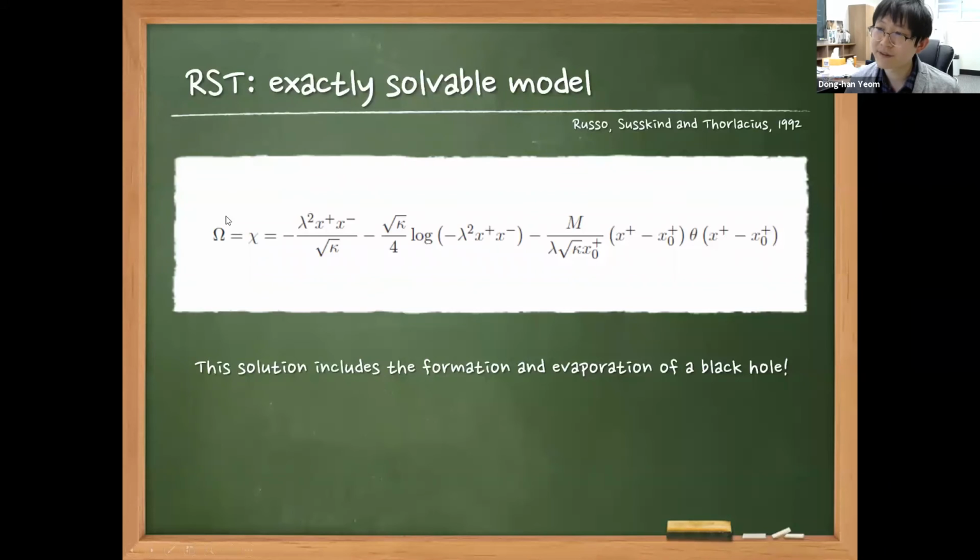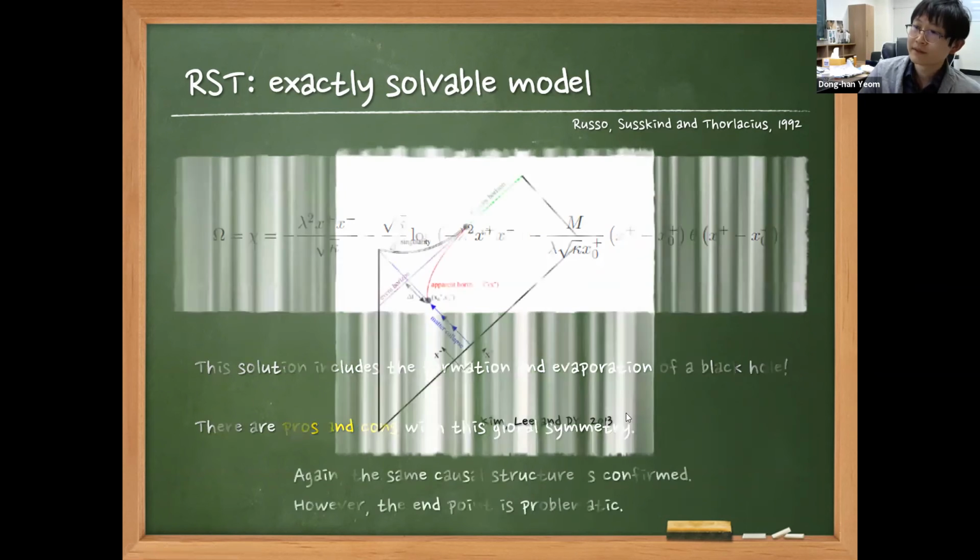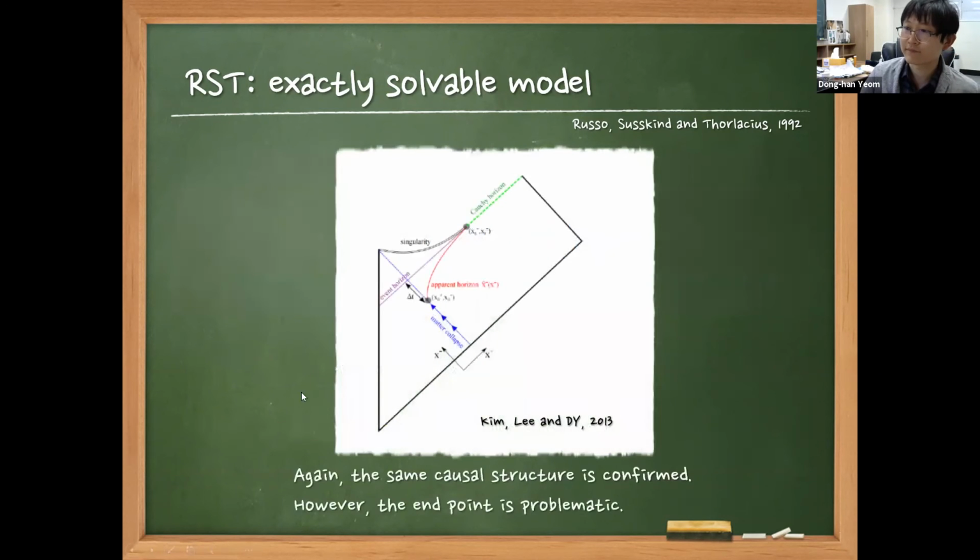So by interpreting this RST model, you can draw the causal structure once again. So there are pros and cons with this global symmetry, and I will discuss later. So again, this is the same causal structure of the RST model. But I didn't copy this from the RST paper, I copied it from my paper in 2013.